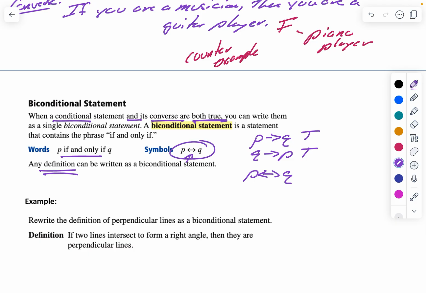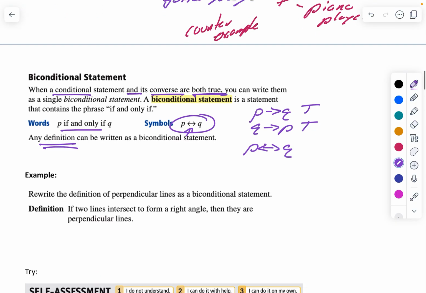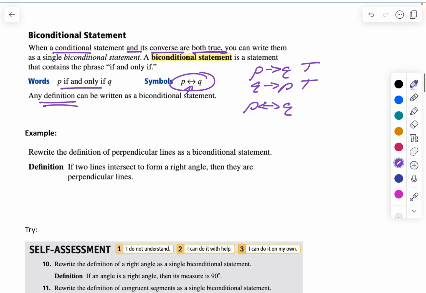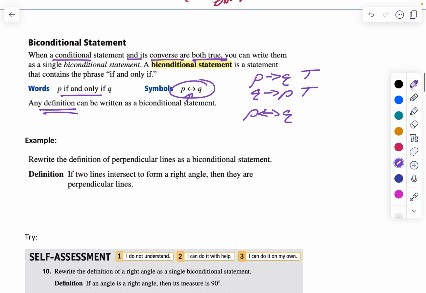That's it in symbols: P if and only if Q. Now let me show you a shortcut. If and only if, we can abbreviate as IFF. So you can use that, and it will save us a few words.